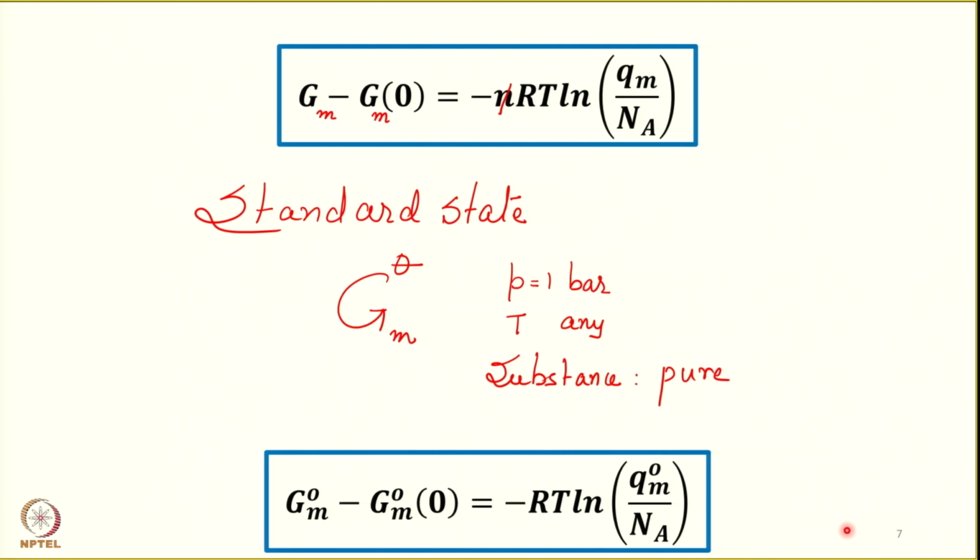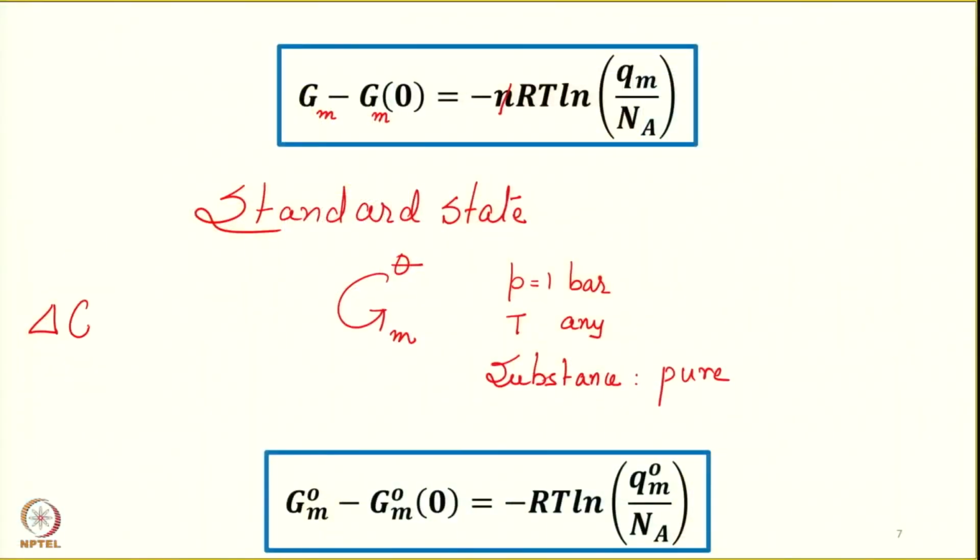For example, it becomes very important to understand the meaning of delta G naught and the meaning of delta G. Always distinguish between delta G and delta G naught.